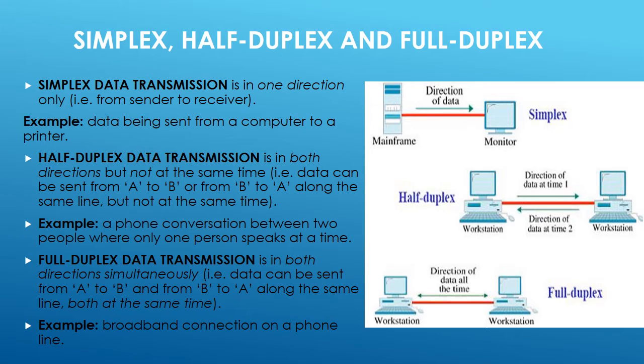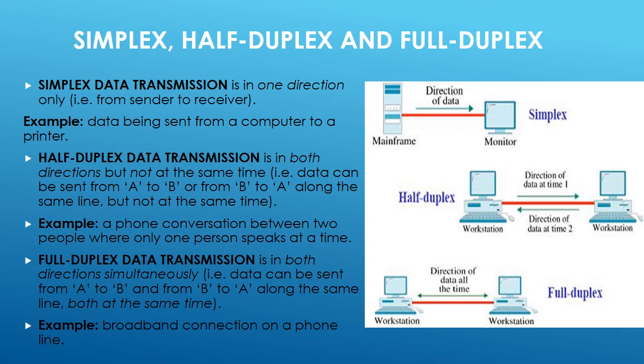In half duplex data transmission, transmission happens in both directions but not at the same time. That is, data can be sent from A to B or from B to A along the same line but not at the same time. So this sort of transmission is known as half duplex. You can also see in the diagram that data is being transmitted from one workstation or computer to the other.